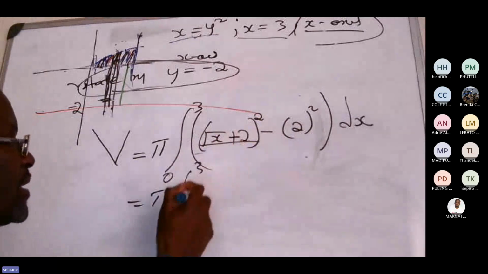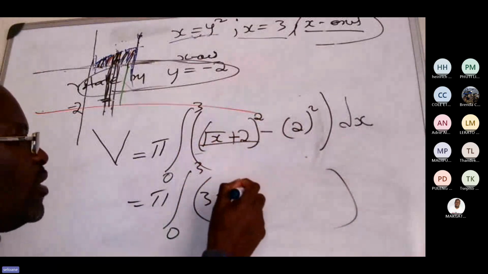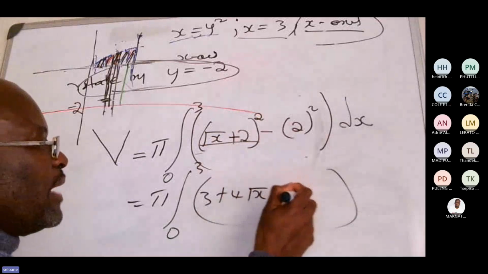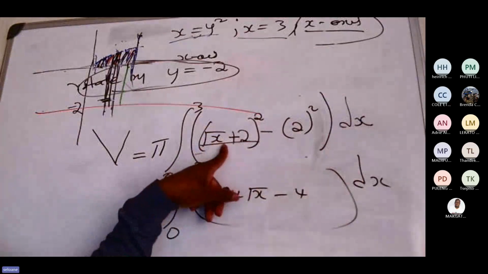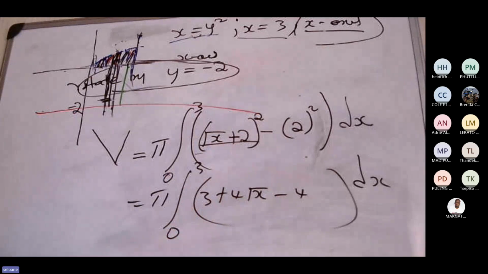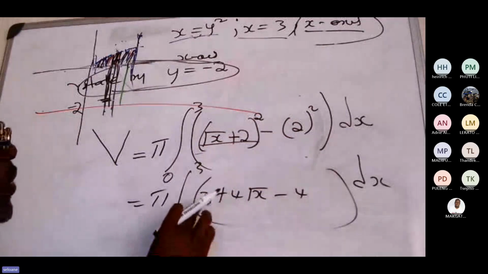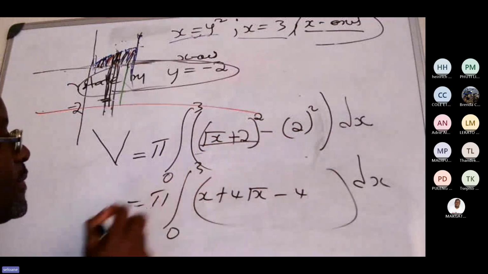Then you square this. It will give you what? The square root of x plus 4, then minus 4, then dx. If you square this, it will give you what? No, not 3 here. What did we write here? It will be x, right? Not 3, it will be x.